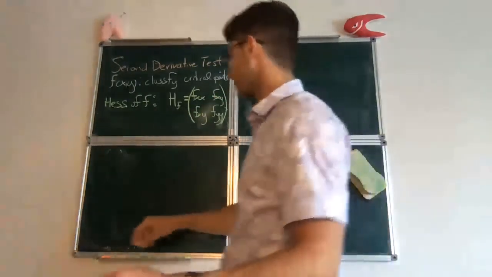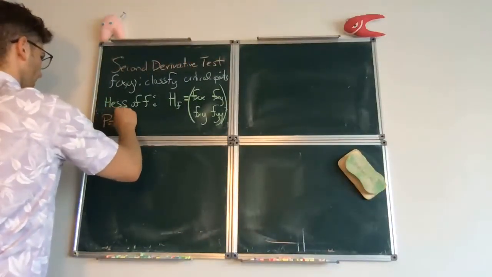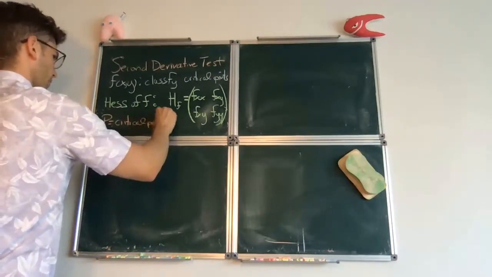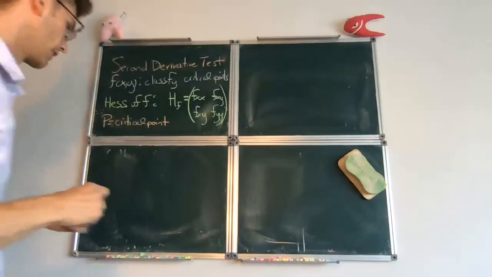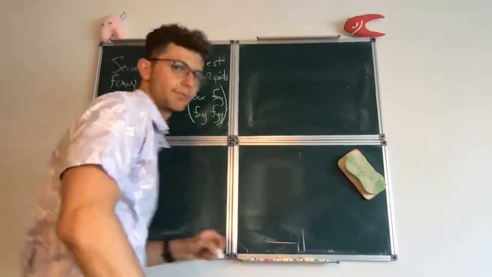Okay, and so suppose that P is a critical point. So it's an (x, y) where the first derivatives vanish when evaluated at this point.